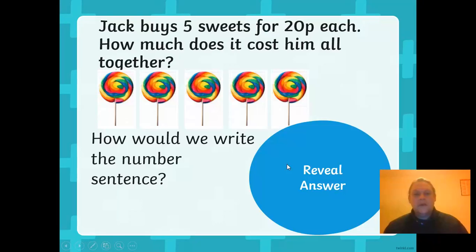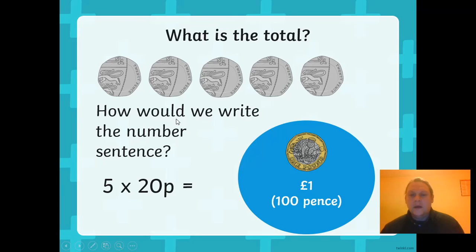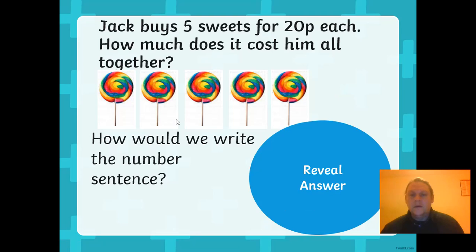All right, next question. Now, this is a bit more of a word problem, okay, but hopefully you'll recognize this from the work we've just done, okay? Jack buys 5 sweets for 20p each. How much does it cost him altogether? So hopefully some of you have recognized what the answer to this is straight away, from the work that we've been doing earlier. Okay, there's a big clue.